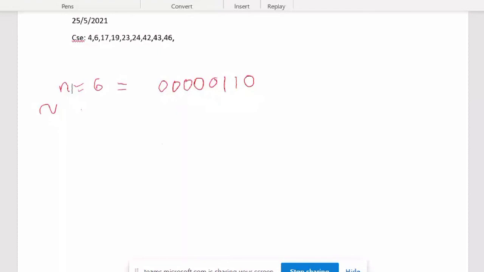So what is complementing? Complementing అంటే 0ని 1 చెయ్యి, 1ని 0 చెయ్యి. ఇది మీనింగ్. Convert 0 to 1, 1 to 0, right? But in computer science actually the last bit, this is actually the MSB bit.